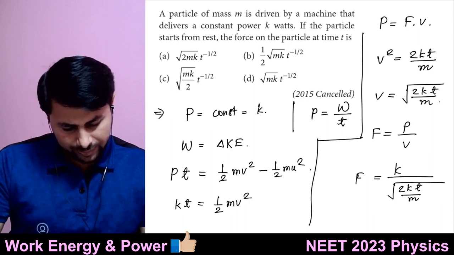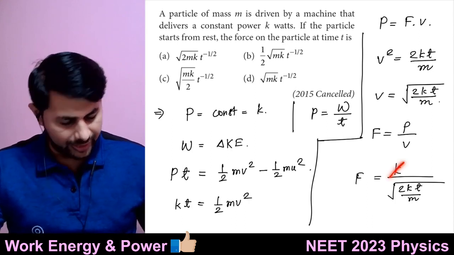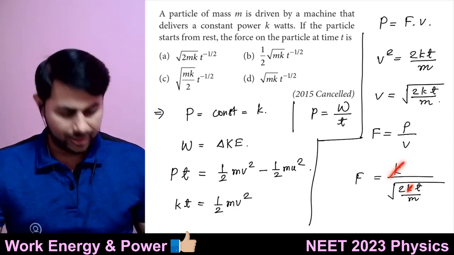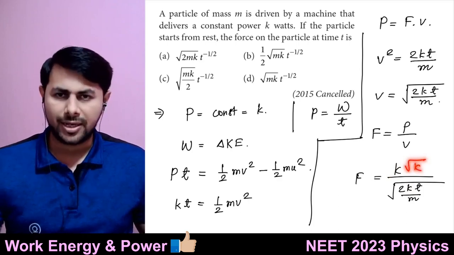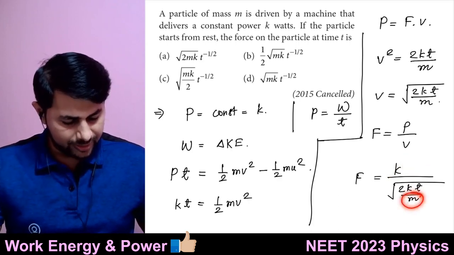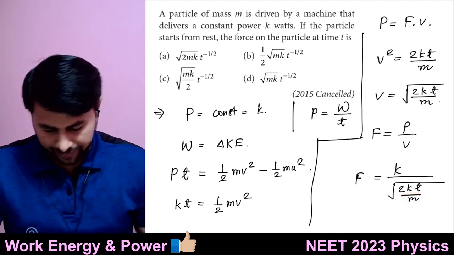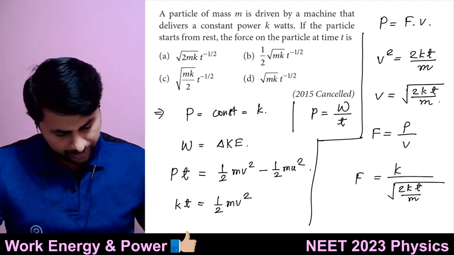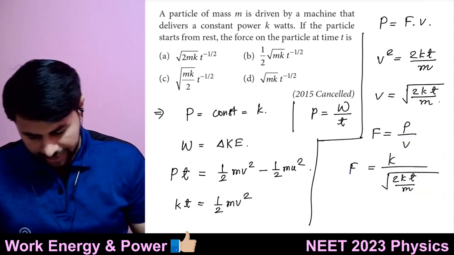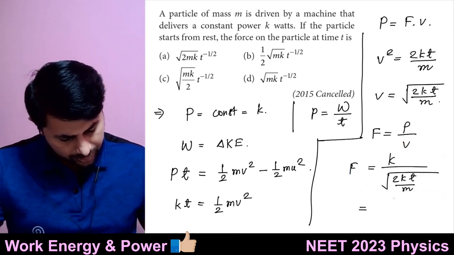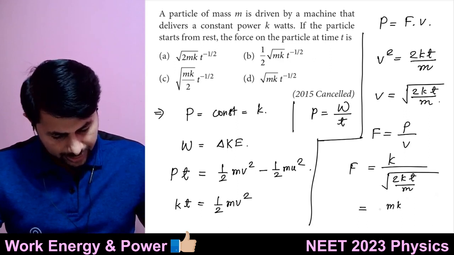Which is the option? So we can simplify this. Okay, this k and the square root of k will get cancelled, right? I mean, the square root of k will remain there. And this square root of m is in denominator. You can take it to the numerator. So this will be equal to square root of mk in the numerator and 2 in the denominator.